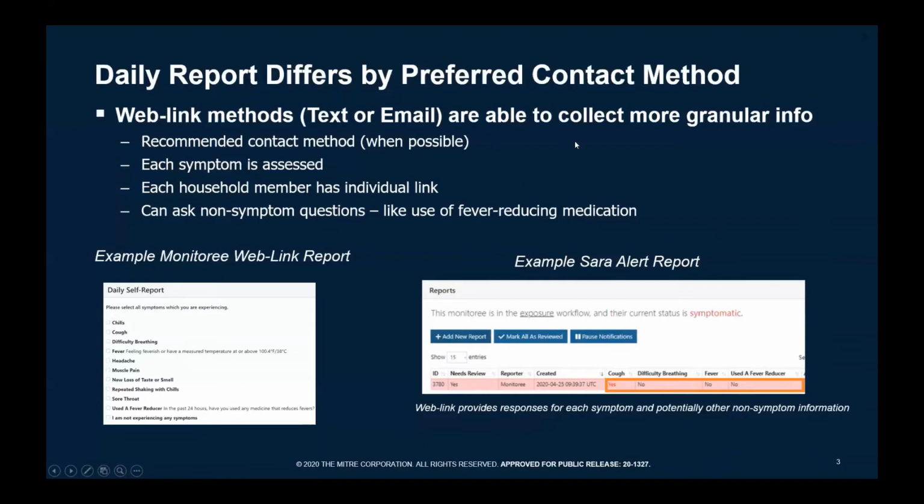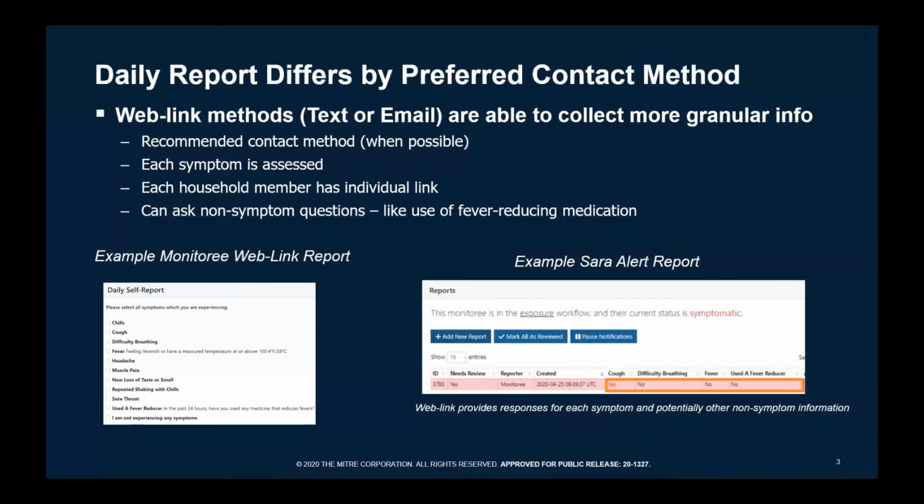And so with the text or emailed web link options, we recommend these reporting options, right? Because we can get the most detail from a Monitoree. We can see each individual symptom that the Monitoree is experiencing. Each symptom is assessed, and each household member, if the Monitoree is reporting as part of a household, they receive an individual link sent to the head of household who fills out this same questionnaire, this checklist for each Monitoree in the system.